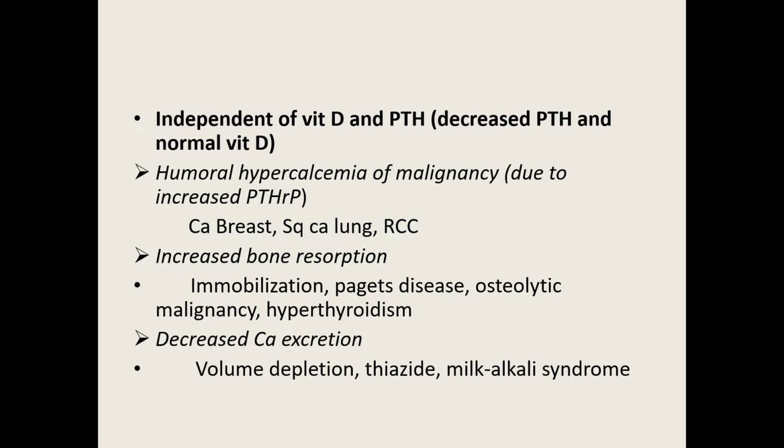And independent of vitamin D and parathyroid level is parathyroid hormone related peptide formation in malignancy like carcinoma breast, squamous cell carcinoma lung, and renal cell carcinoma. And increased bone resorption, like in immobilization, Paget's disease, osteolytic malignancy, and hyperthyroidism. And decreased calcium excretion in volume depleted conditions, thiazide use, and milk alkali syndrome.